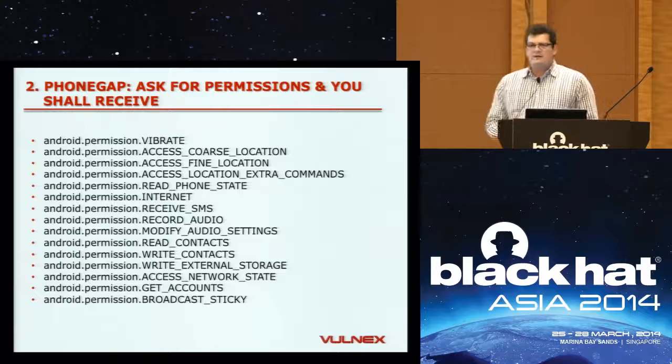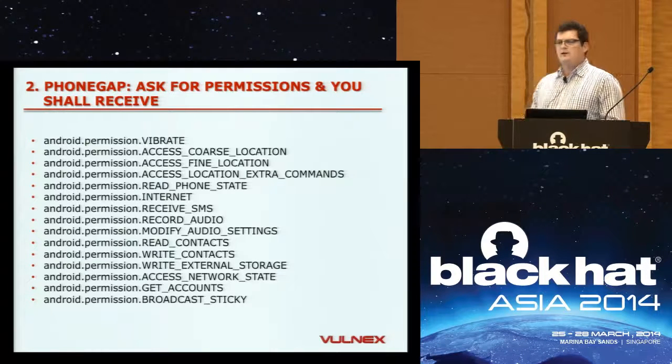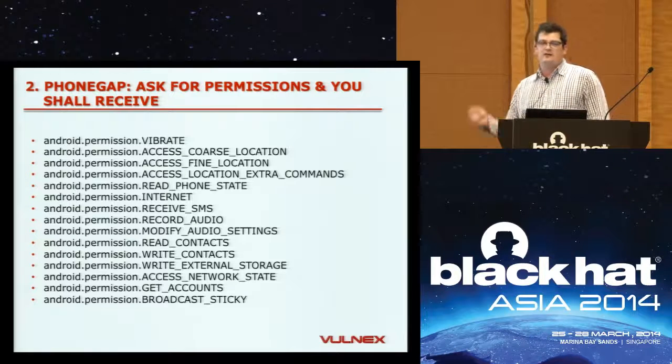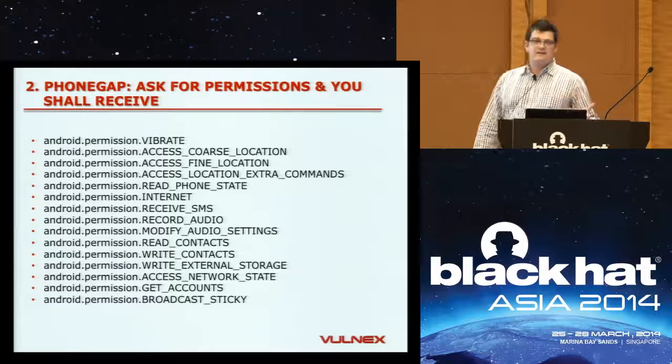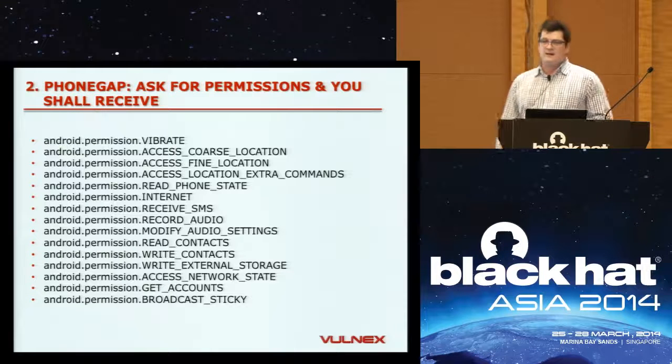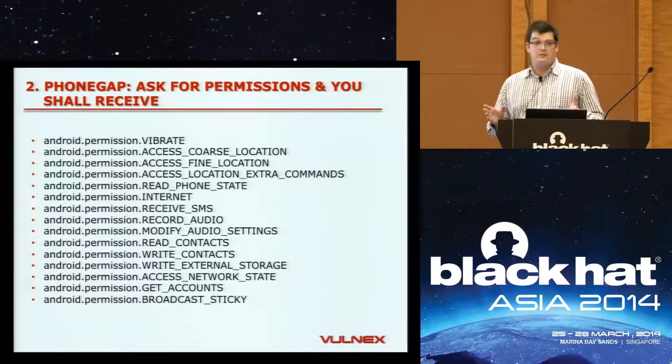One of the interesting things is that in the case of PhoneGap, it requests a lot of permissions. Even when you go to the documentation, it recommends allowing all these permissions in your app. It doesn't make sense at all, but that's what the documentation says. For example, when we were reviewing several of these apps, PhoneGap applications pretty much work with just the internet permission. That's pretty much the only thing you will need.